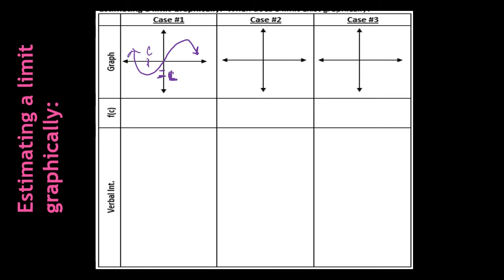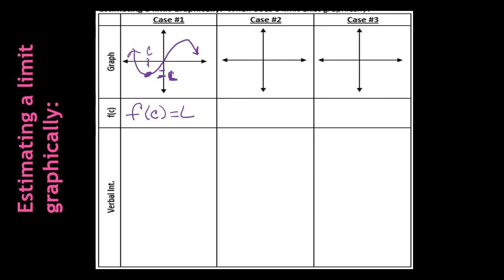Okay, so we have this cubic looking polynomial function, and we have this case where f of c equals L. So this point is actually on my graph. This function is continuous, and we've talked about this in class.